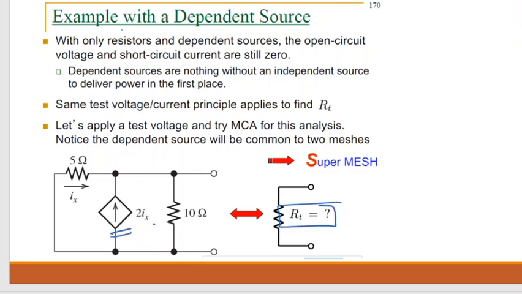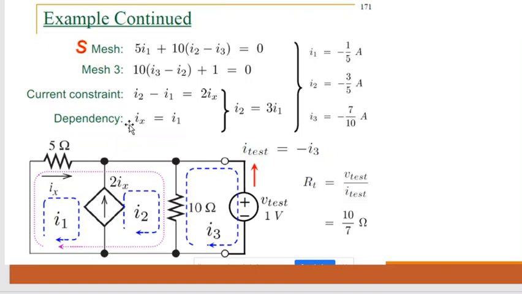How can we get RT? RT as I, current test 1 here.